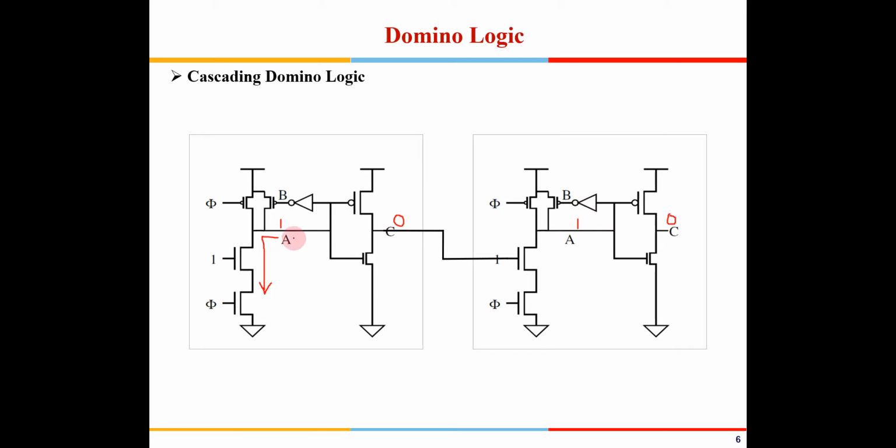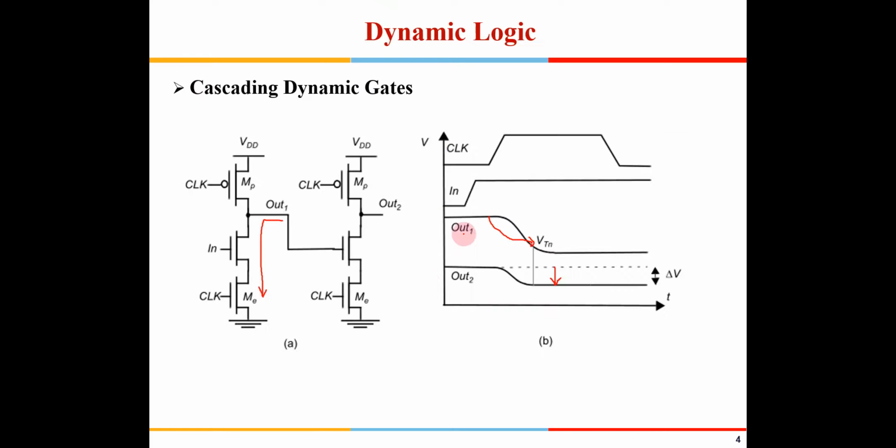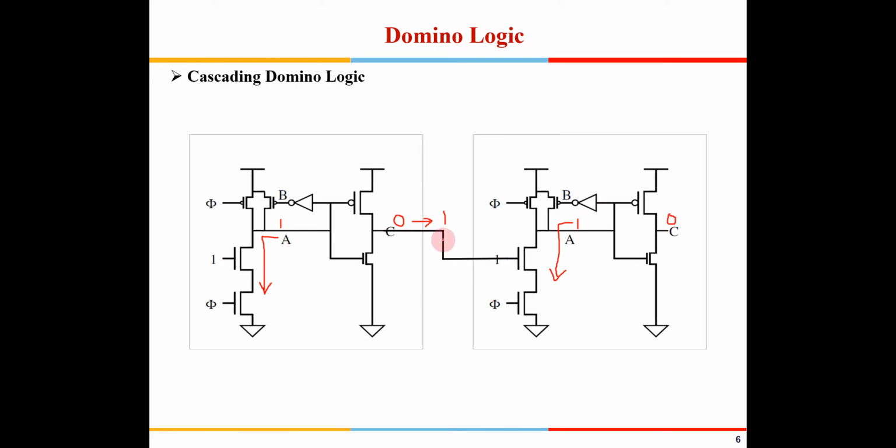After some time this is 0, this is going to go to 1, and then when it becomes 1, it will get discharged. So there is no issue like contention. The problem which we saw is not seen in these kinds of circuits where you have one inverter out here. Is it okay?